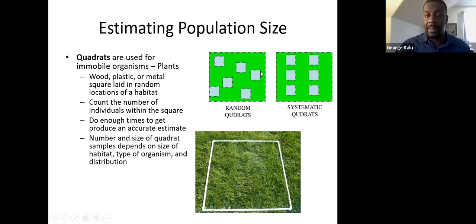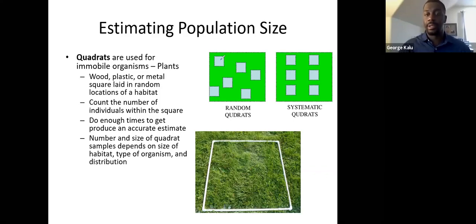You can orient the quadrats in random locations, or you can do them in a systematic manner. It just depends on what you want to do. Let's say we want to estimate the size of the population of California poppies in Gilroy, for example.